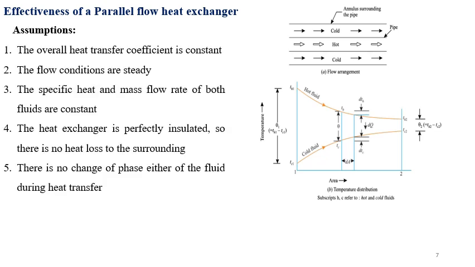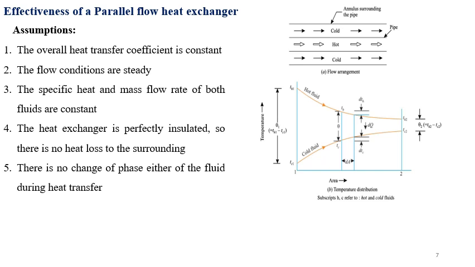The overall heat transfer coefficient is constant, the flow conditions are steady, the specific heat and mass flow rate of both fluids are constant, the heat exchanger is perfectly insulated so there is no heat loss to the surroundings, and there is no change of phase of either fluid during the heat transfer. These are the basic assumptions we make before analyzing effectiveness.